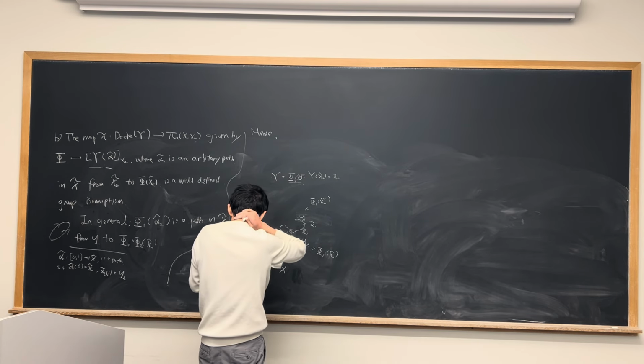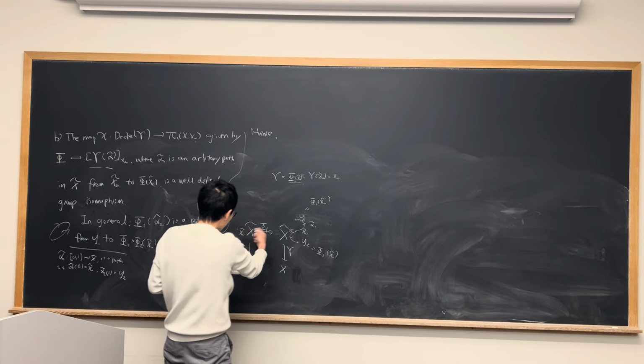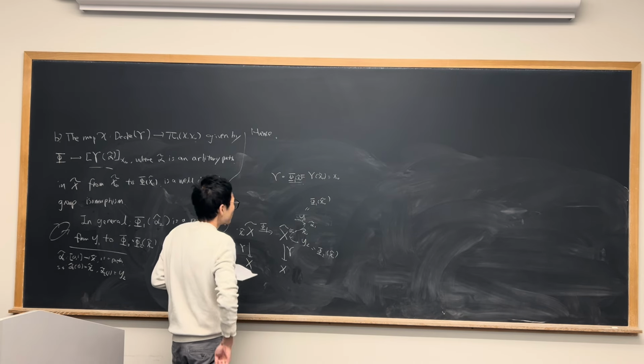I think it will be helpful to see what the value of phi 1 of alpha 2 is. Because it is an isomorphism, so, wait, what?